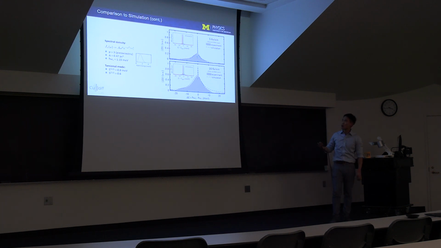We were only able to achieve good agreement between experiment and simulation by assuming piezoelectric coupling. The second parameter, A, is the amplitude of the spectral density, which determines the size of the pedestal. And omega C is the cutoff frequency, which determines the lateral extent of the pedestal. For the discrete mode, we use our calculated energy of 0.8 meV and a Poisson factor of 0.6, which quantifies the electron-phonon coupling strength.